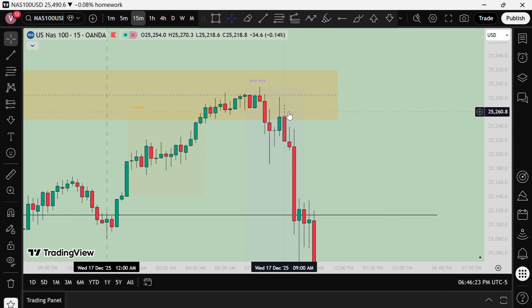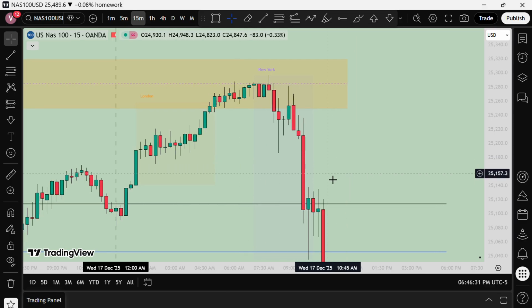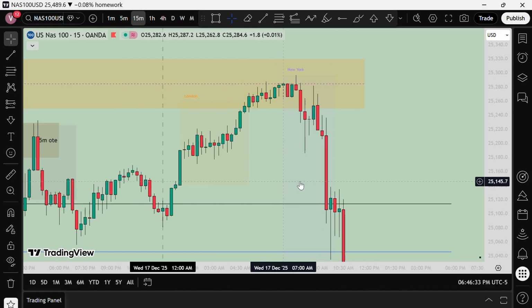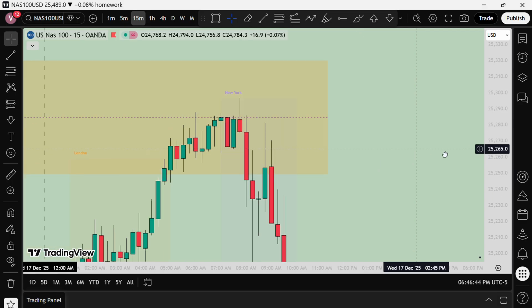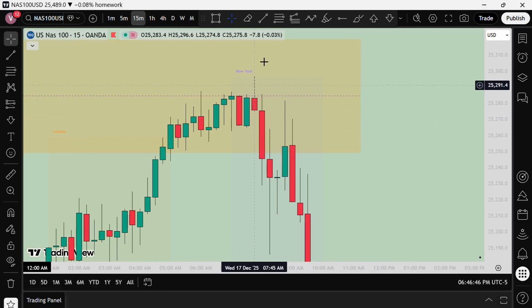Now let's see where is the 9:30 opening. This is our 9:30 opening candle. All we had to see this day was if there is a rejection from this fair value gap, and we could clearly see it before 9:30 around. This is 8:45.